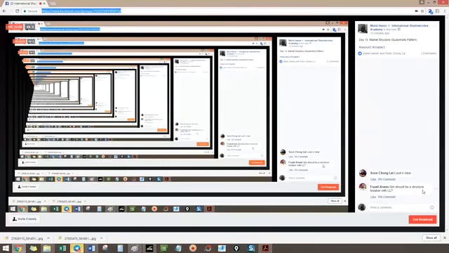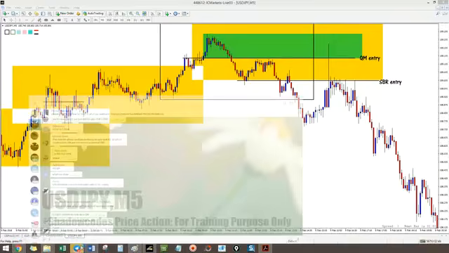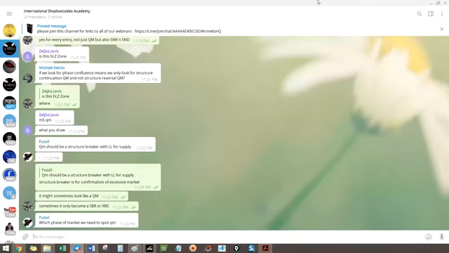Sometimes it might be seen in a form like that, but just remember that QM is a high, low, high, high, low, low. It can be a structure breaker, and sometimes it is not a structure breaker, but you can still enter the QM pattern. Which phase of market do we need to spot QM?